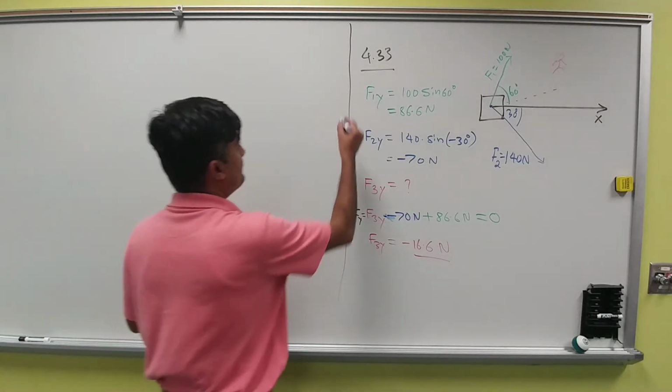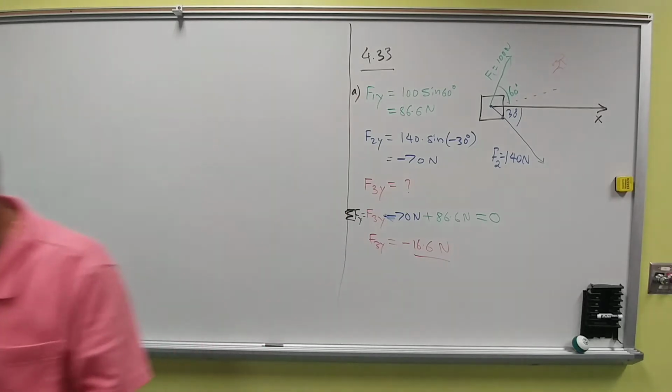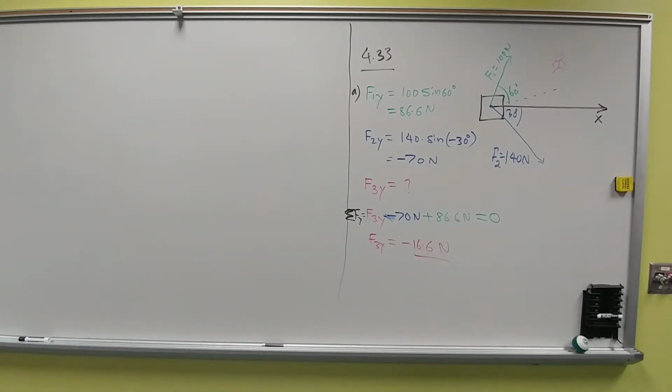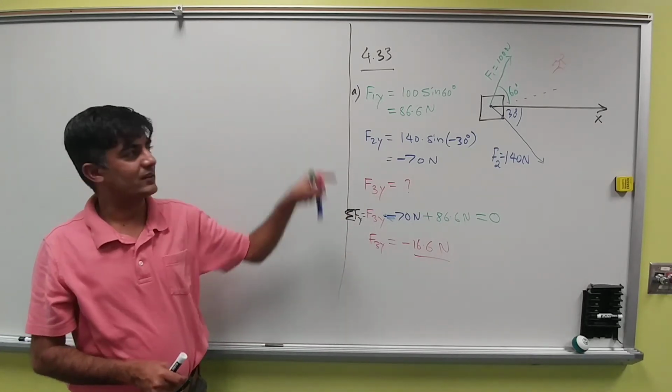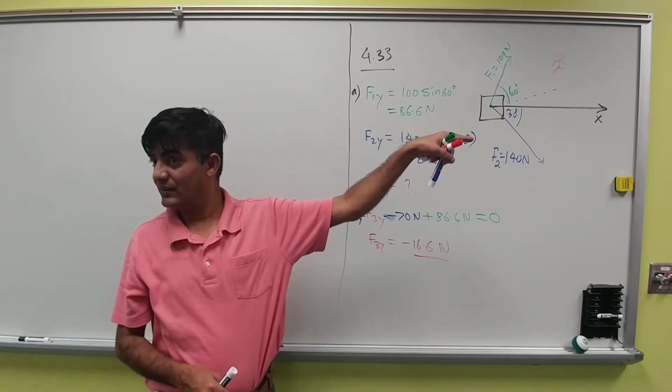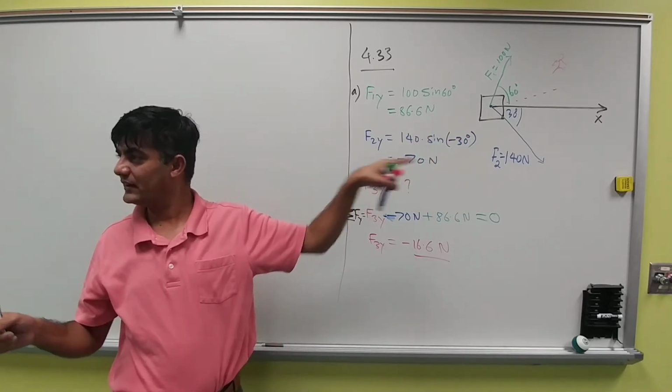Now the question is, with this force, what does it say? The cart accelerates at 2 meters per second squared in the x direction. With all these forces, the cart accelerates by 2 meters per second squared in the x direction.